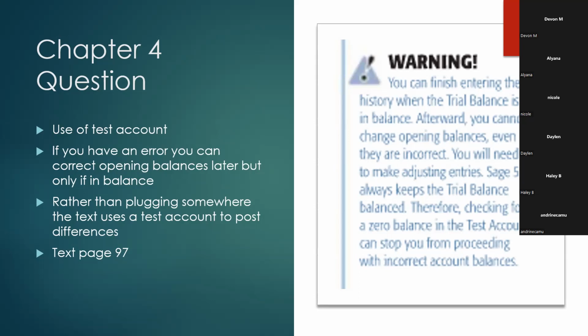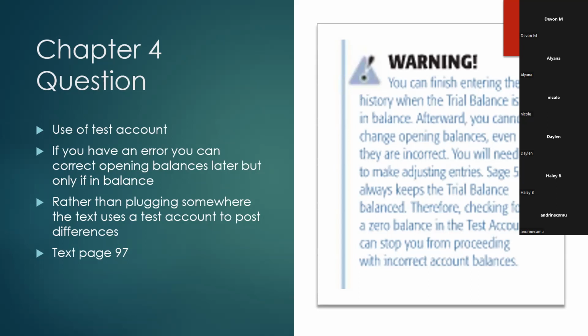So what you would instead do is, if you needed another debit, put it into what's called the test account, and then go back and try to correct it later, because you're able to correct opening balances later once you've entered all the opening balances. And that is a warning in the textbook. I put it right on the slide here: you can finish entering history when the trial balance is in balance.